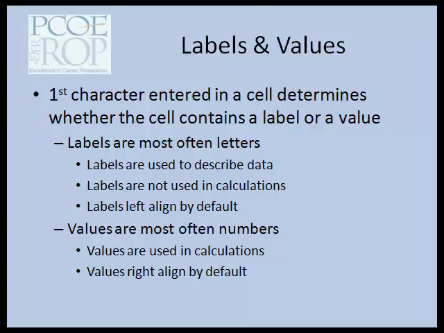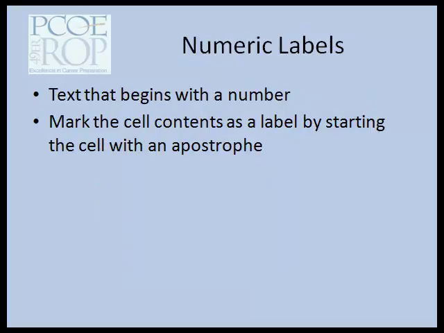A quick visual check is that labels are left aligned by default. The default alignment can be changed, but the default alignment does cue you to what kind of data you're working with. A value is generally begun with a number, not always, often a symbol, and it is used in calculations. The default alignment for a value is right align.